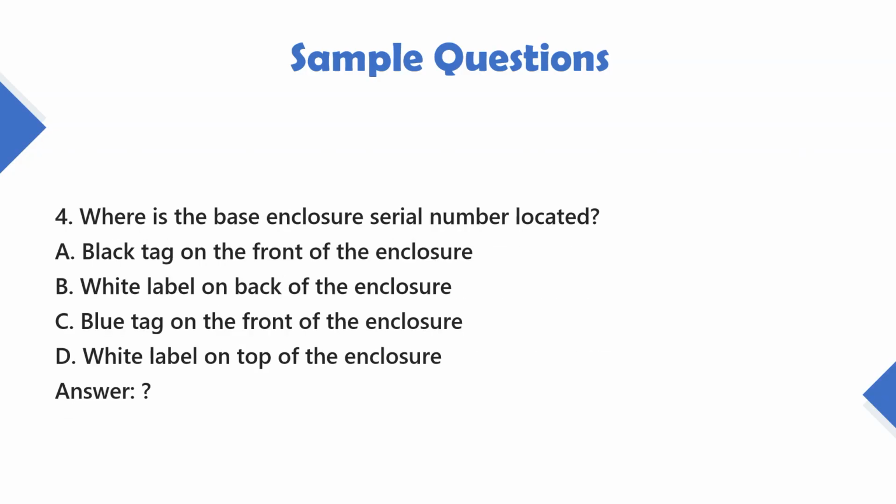4. Where is the base enclosure serial number located? A. Black tag on the front of the enclosure. B. White label on back of the enclosure. C. Blue tag on the front of the enclosure. D. White label on top of the enclosure. 5.